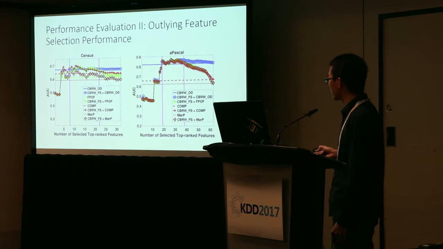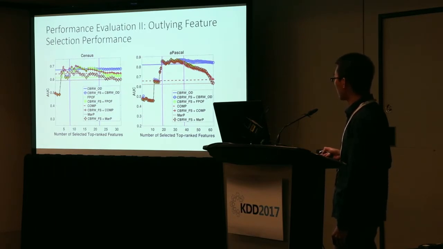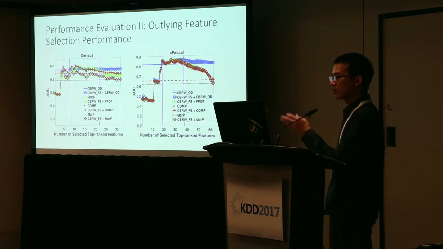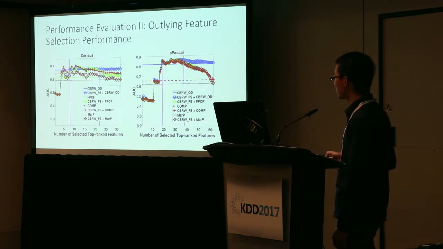And this is some results when using our method to do feature selection. This CBWFS is our feature selection method. Using it for feature selection means that we use the values to calculate the outlierness of each feature, and then we have a ranking. This is feature-ranking-based feature selection, so we use the top K features as the relevant features.